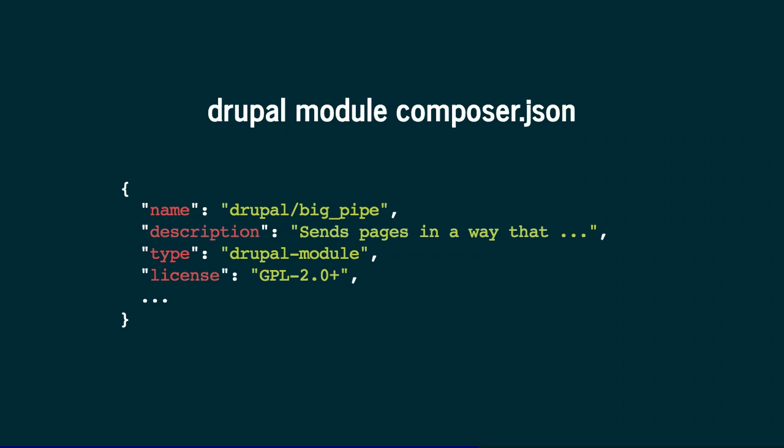But if you take a look at the screen, you will see a key called type. In this type, we're specifying this is a Drupal module, right? So the type of package of my project, in this case, is a Drupal module. So this is how Composer knows. Once Composer finds this package in Packagist, it knows it's a Drupal module.